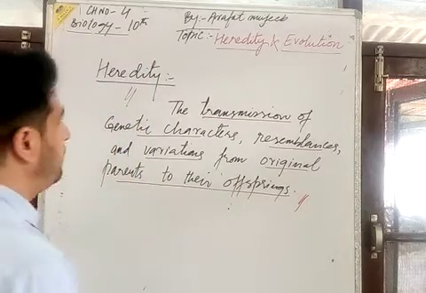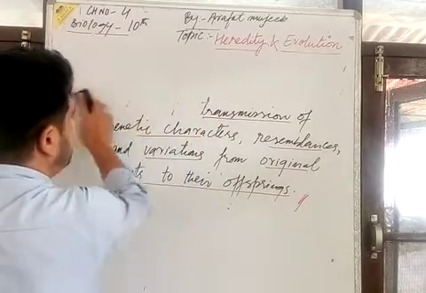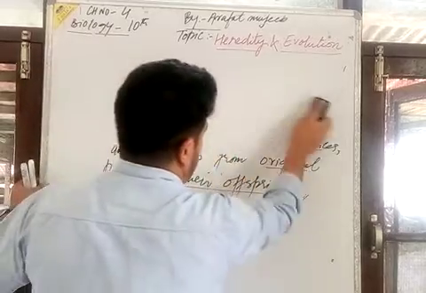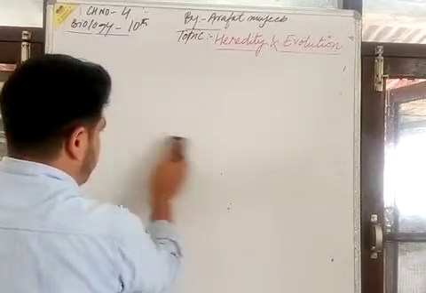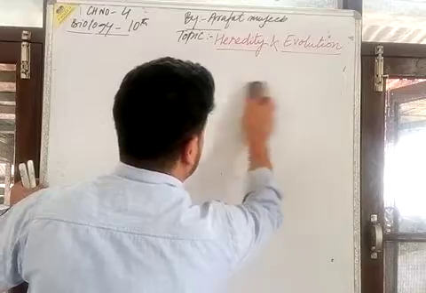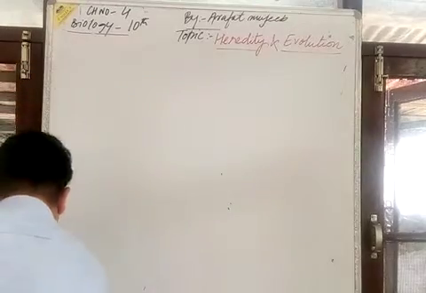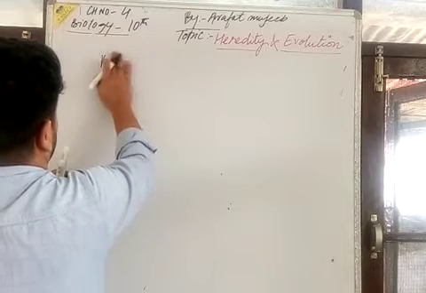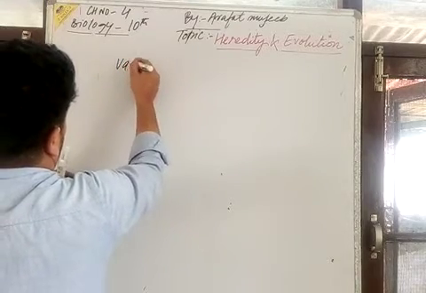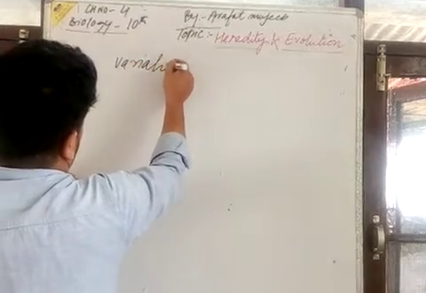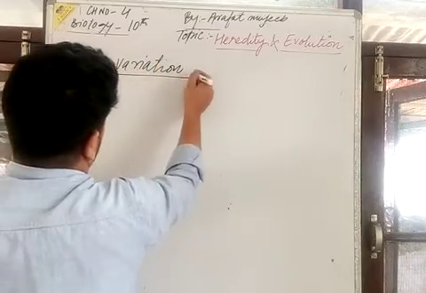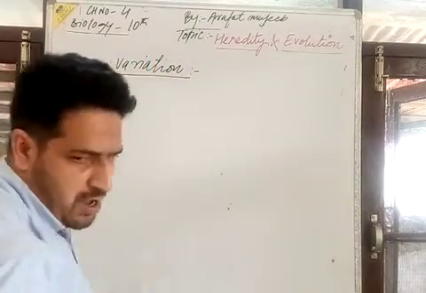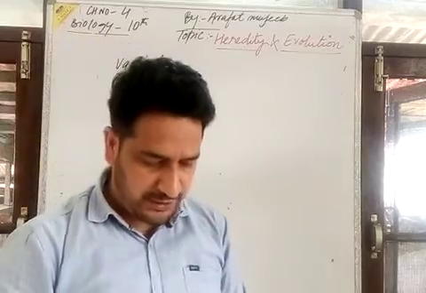Now is the term of variation. हम variation को किस तरह define करें? There is a variation. Here is another variation. This is the term variation. Now how do we define this term variation?